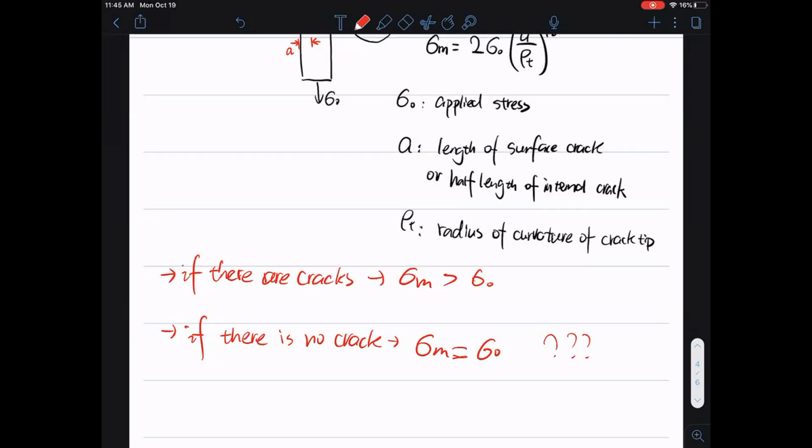But in most cases, all brittle material, very important, contains a large amount of cracks.